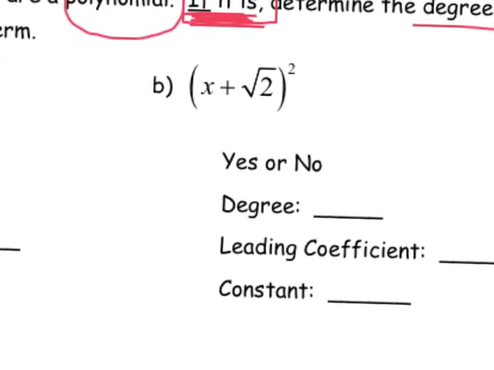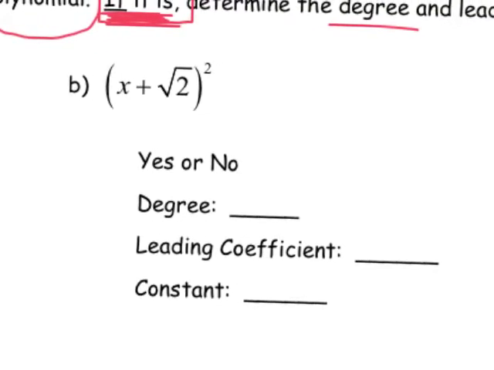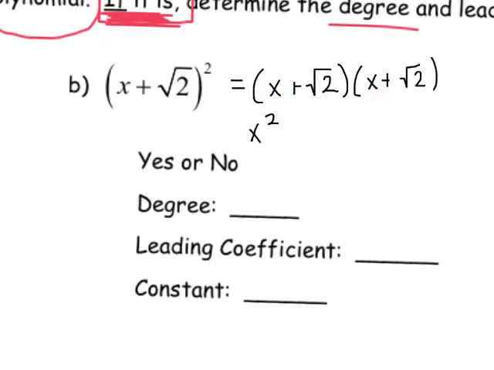The second one, x plus root 2 squared. On this question, you should probably go ahead and FOIL this in order to tell for sure exactly what it's going to be. So x times x is x squared. X times root 2 is plus root 2x.